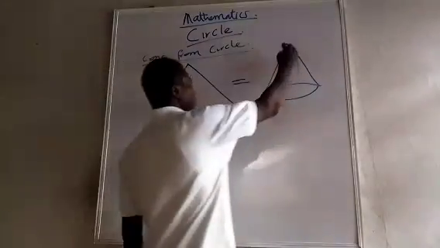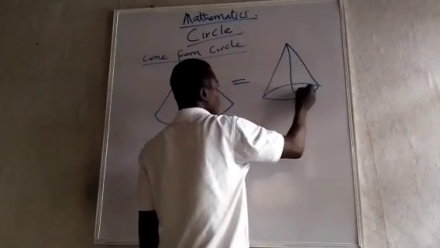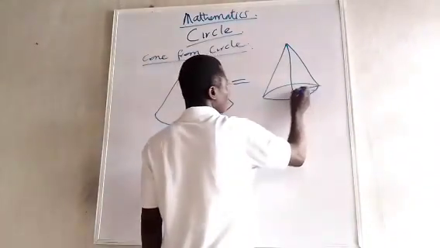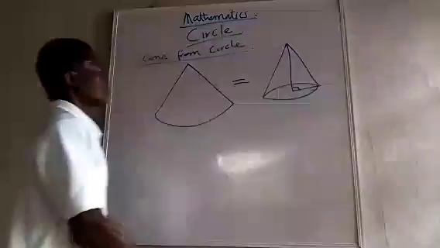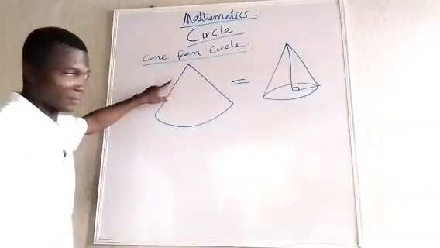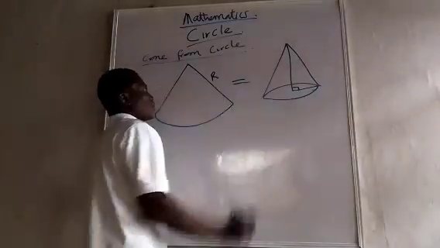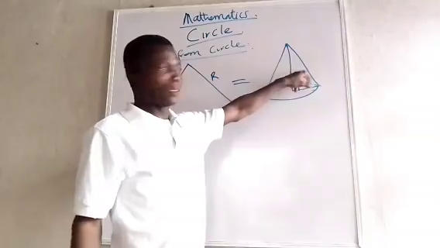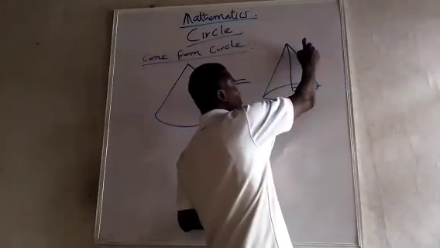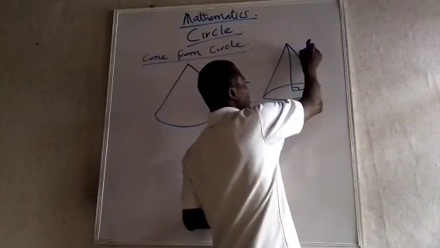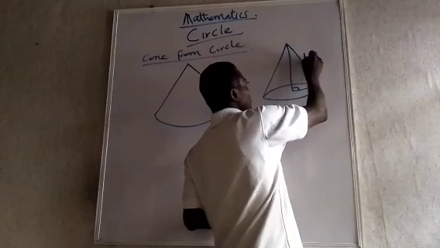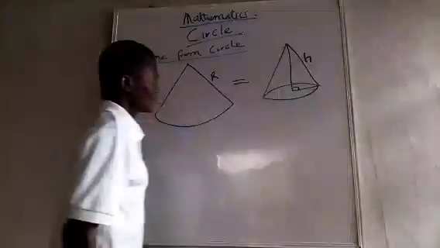In this cone now, this radius here will become the slant height of this cone. The slant height, let me call this H. The slant height of the cone.